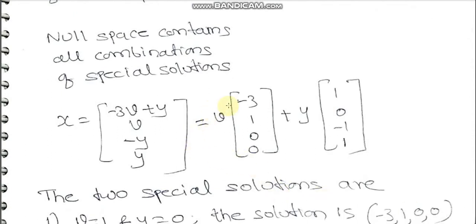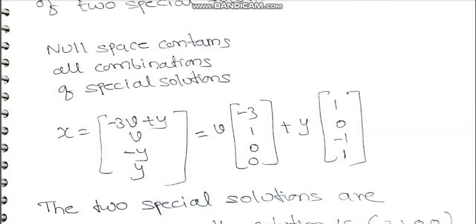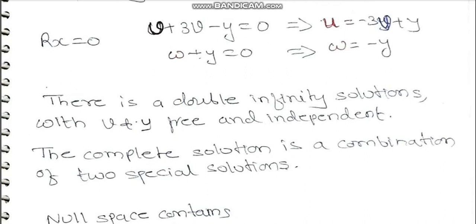The value of v in w is 0, and v is the same variable, so its position will be written as 1. And what are the values of y in the expression of u, in the expression of v, and in the expression of w, and y itself is 1? Just look into the expressions we have here.